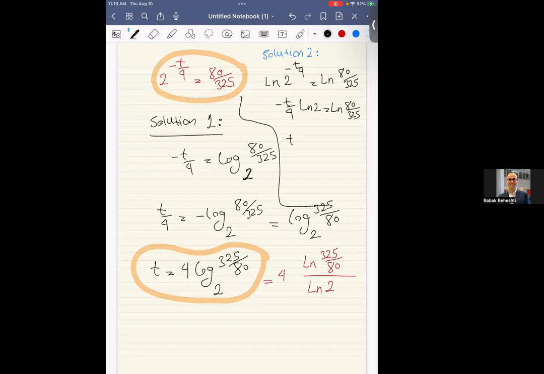So minus t over 4 is ln of AD over 325 divided by ln of 2, and it's the same as, if you simplify, you get the same answer as the first solution, right?